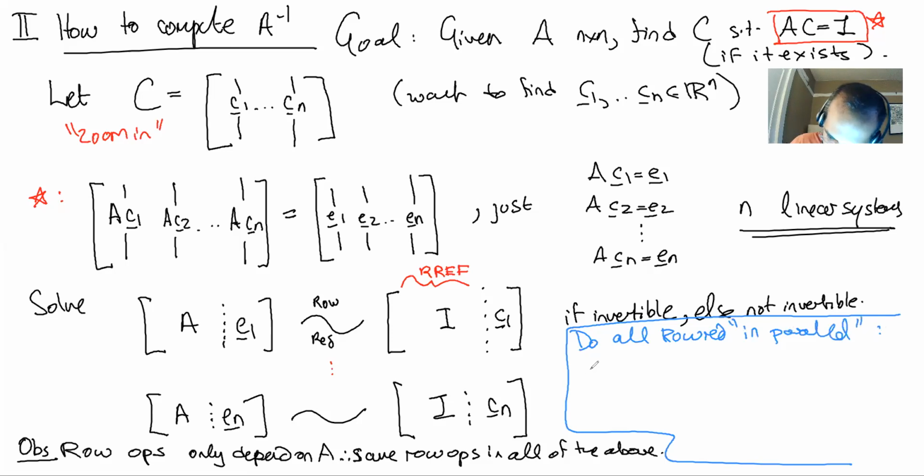What that means is you make now a big augmented matrix with A and the identity. So now what happens if you stack E1, E2, E3, E4, all of them to be augmented columns, right? So what I mean by this is you have N augmented columns. And now you do one big row reduction to this thing.